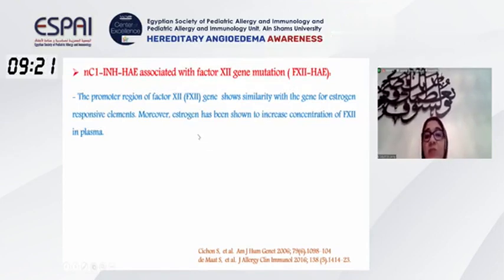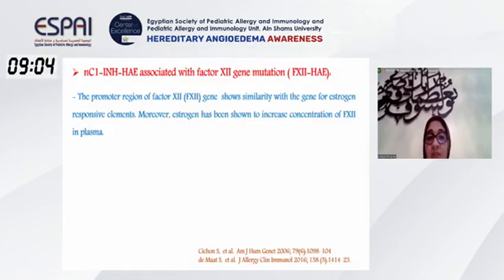Moreover, estrogen has been shown to increase the concentration of factor 12 in plasma, and that's why this disorder was thought initially to be X-linked dominant, but was found to have autosomal dominant inheritance, however, more predominant in females.